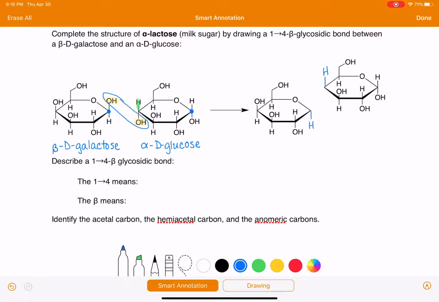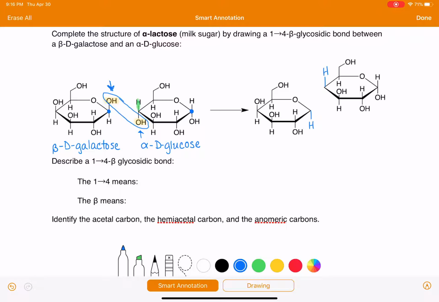Now, if you're looking at videos for a higher end description on how these two monosaccharides come together, if you're looking for the nitty gritty details, there are rules about which one loses the hydrogen and which one does not, which one loses the OH and which one does not.